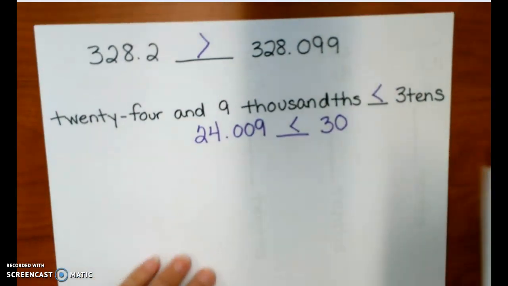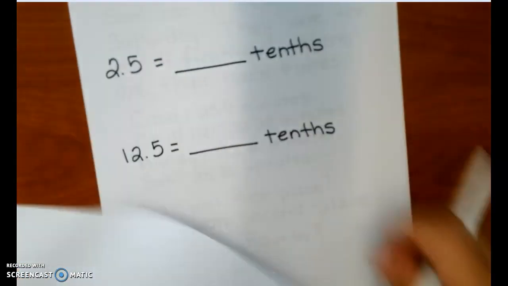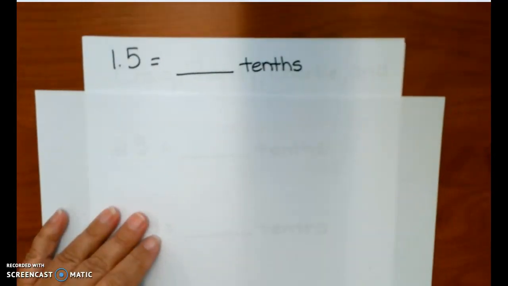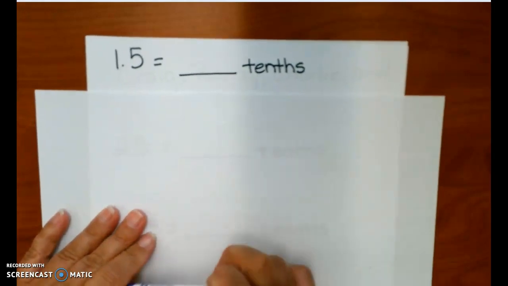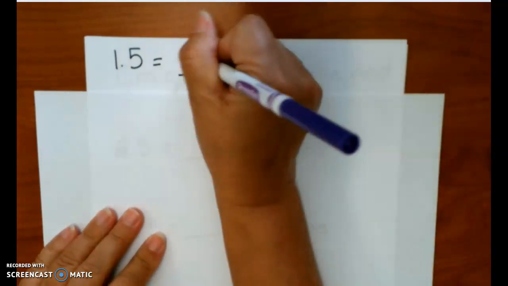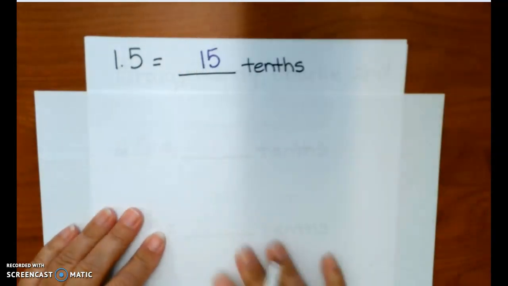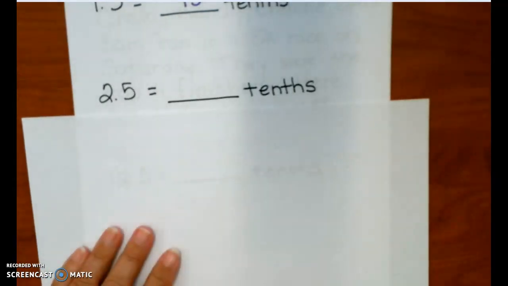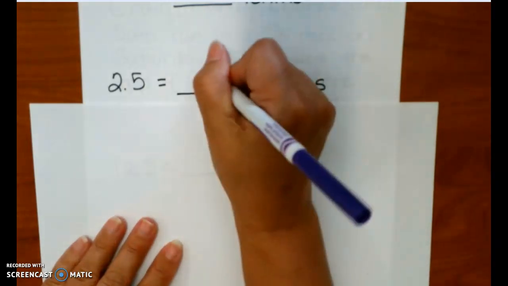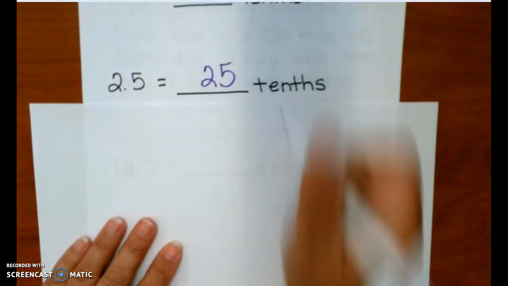All right. Now, put that over there. And we're going to write these in unit form. So I have 1 and 5 tenths. How many tenths does that give me? 15 tenths. Now I have 2 and 5 tenths. How many tenths does that give me? 25 tenths.